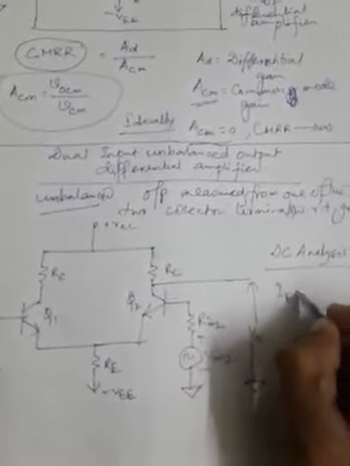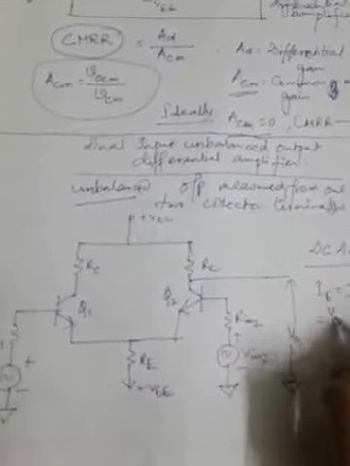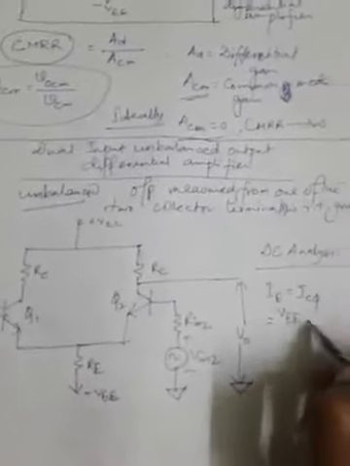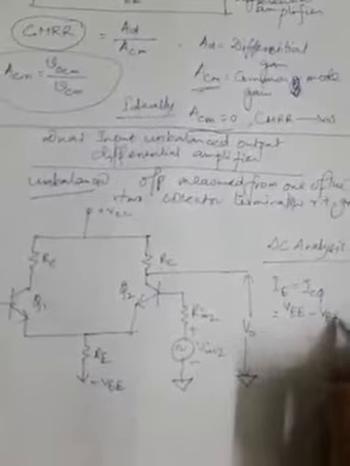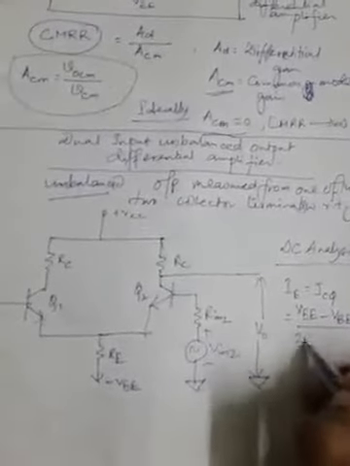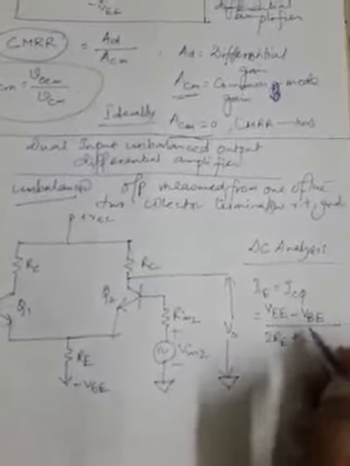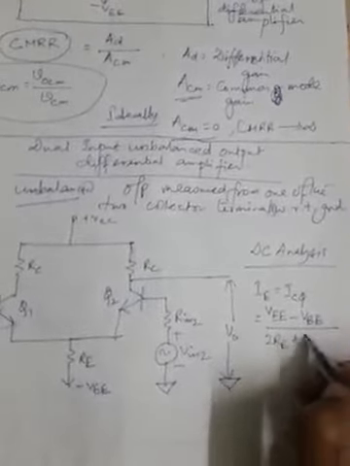IE, that is equal to ICQ, is given by VEE minus VBE divided by 2RE plus Rin by beta DC.